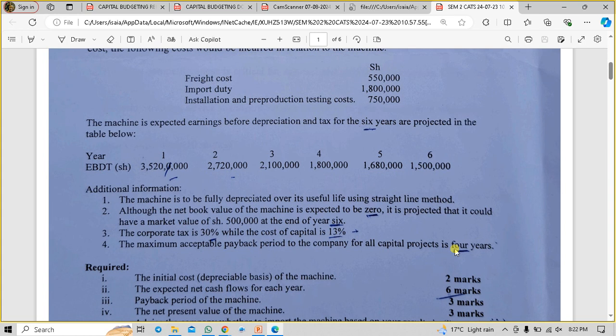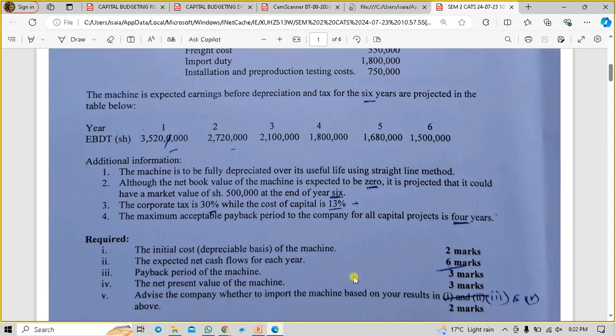Roman 3. So according to Roman 4, which is net present value, Jared has said it clearly: reject, since the NPV for the new machine is negative.